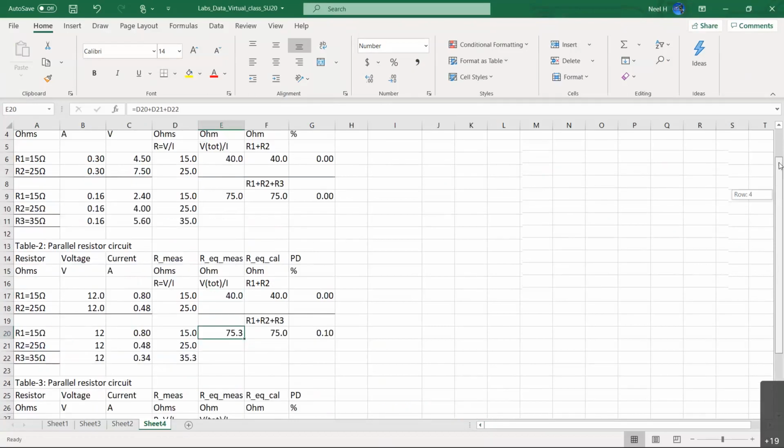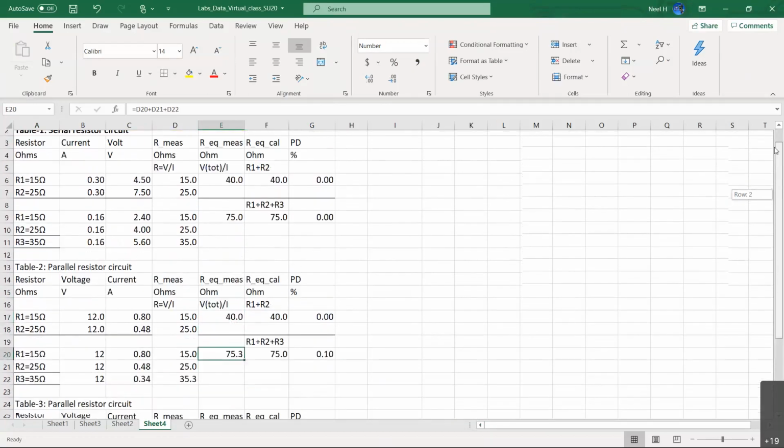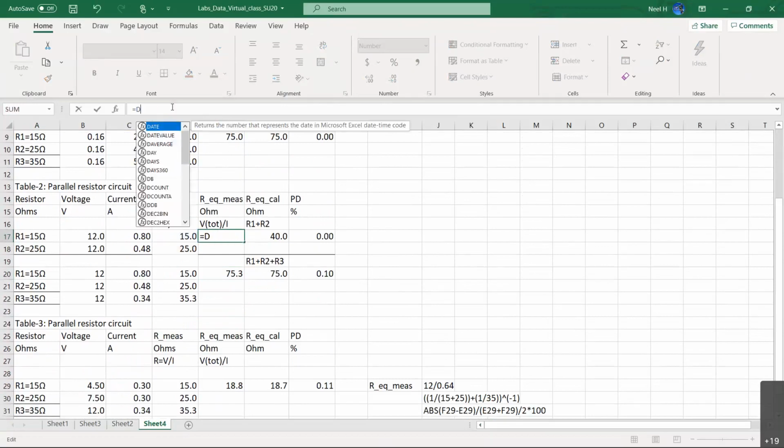Oh, wait. Yeah, there's a mistake on that calculation. Let's do that quickly. Table number 2, parallel circuit. This is 1 over, right? So let's correct that. That's a good point. This should be 1 over. Parallel circuit R1 and R2.